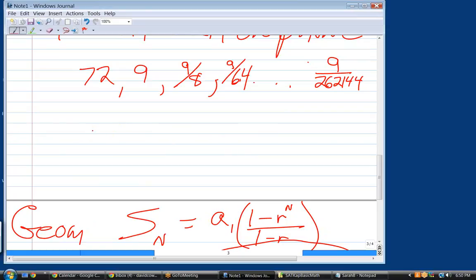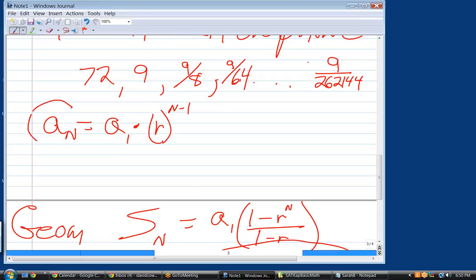you might get something like this, so I think it's worth covering. We have a sub n equals a sub 1 times, because it's geometric, common ratio to the n minus 1. So our goal is to solve for n, because we can't answer what the sum is unless we know what n is.